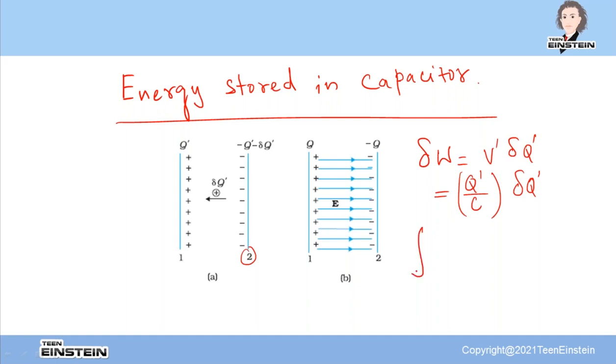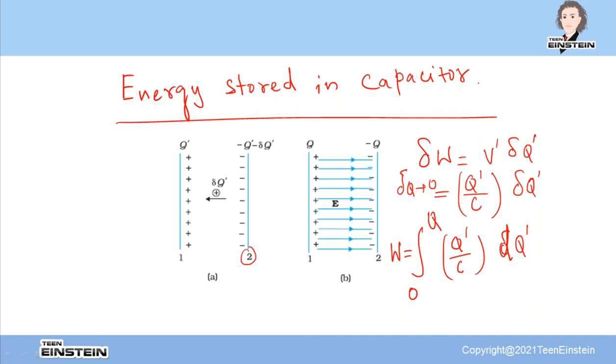Let us see. The final charge is Q. So I'll write this here: Q prime by C, and this is delta q prime. If delta q prime is infinitesimally small, tending to 0, then you can write delta q prime as a total derivative d.